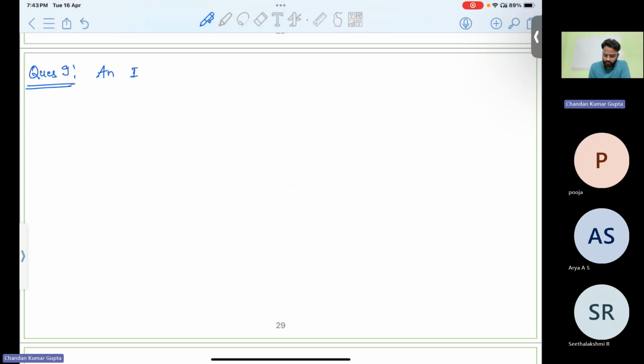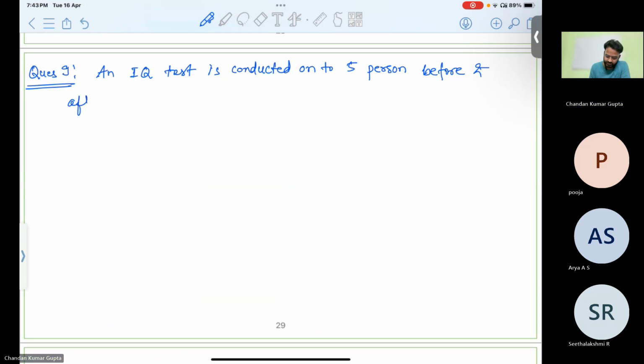An IQ test is conducted on 5 candidates before and after they are trained.